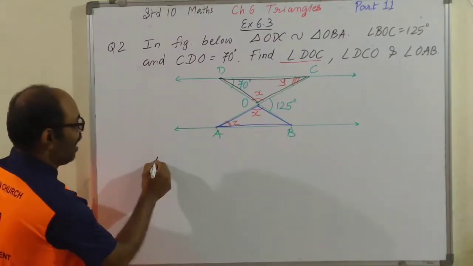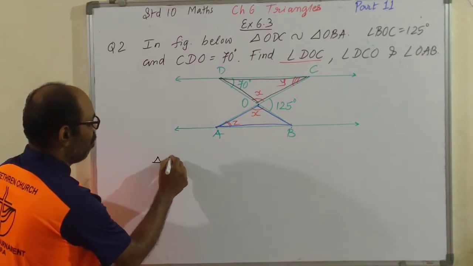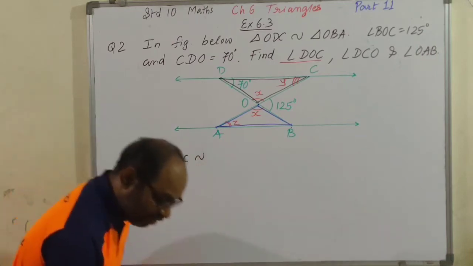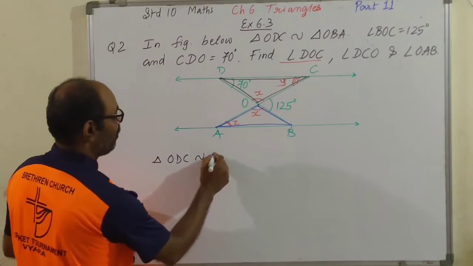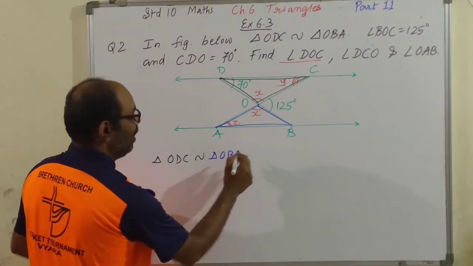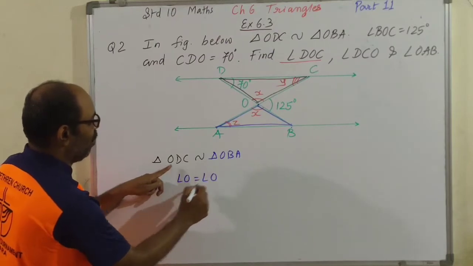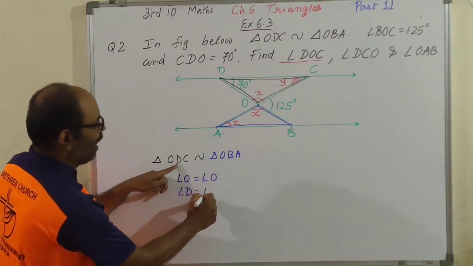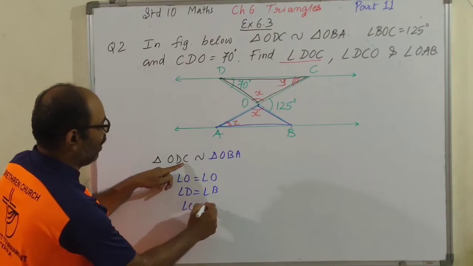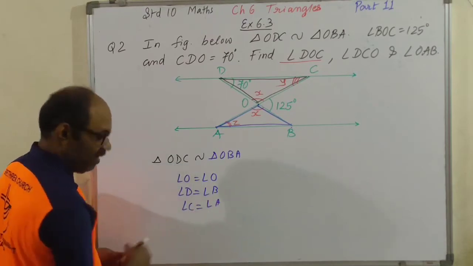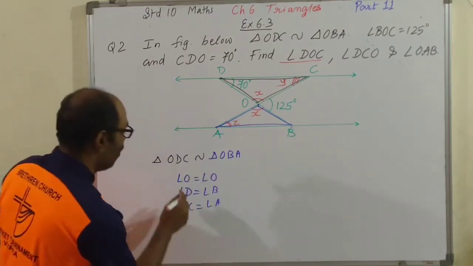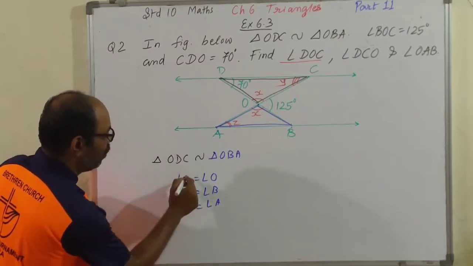Look. Triangle ODC is similar to triangle OBA. So हमें result क्या मिलता है? Angle O equal to angle O. Angle D equal to angle B. Angle C equal to angle A.